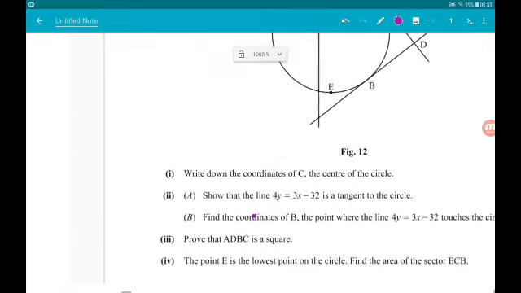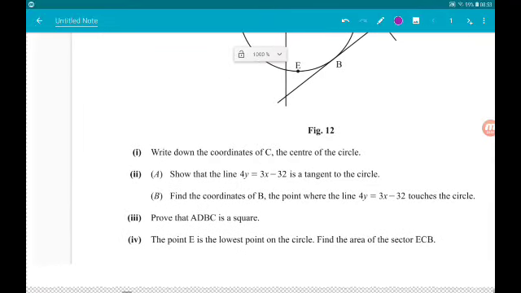Part 1 wants us to write down the coordinates of C, the centre of the circle.